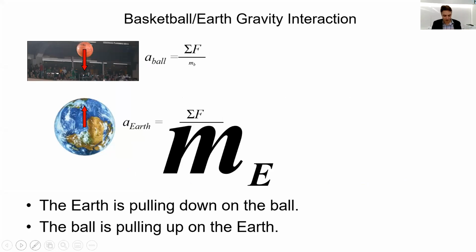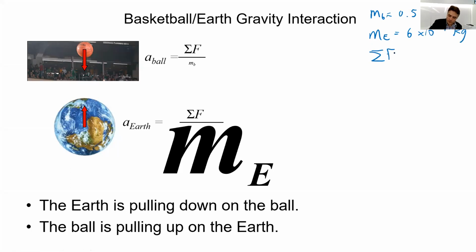The acceleration of the Earth is that same force by Newton's third law divided by the mass of the Earth. So if the mass of the ball is equal to 0.5 kilograms, and the mass of the Earth is equal to 6 times 10 to the 24 kilograms, according to Google.